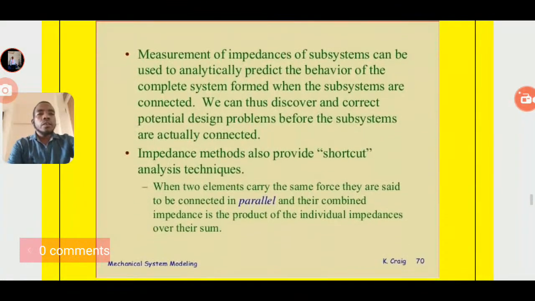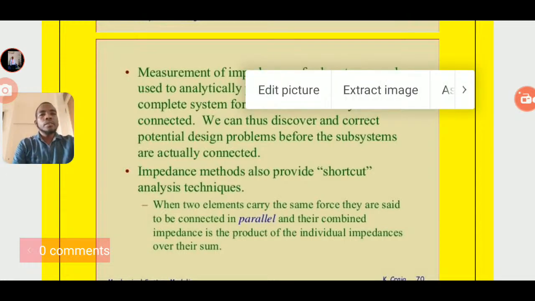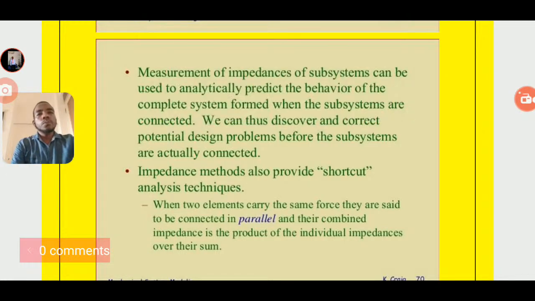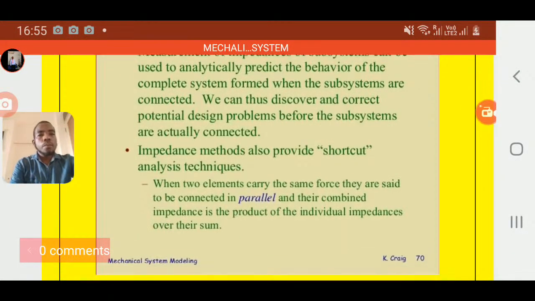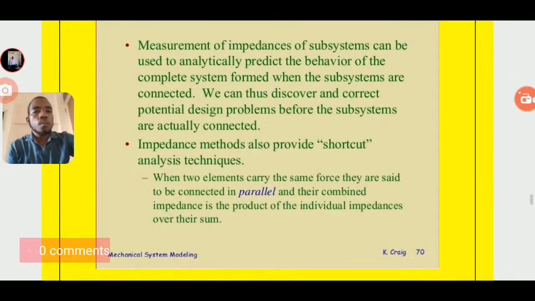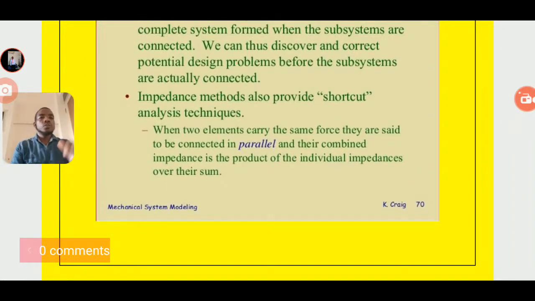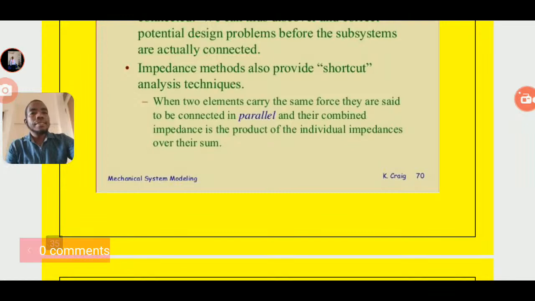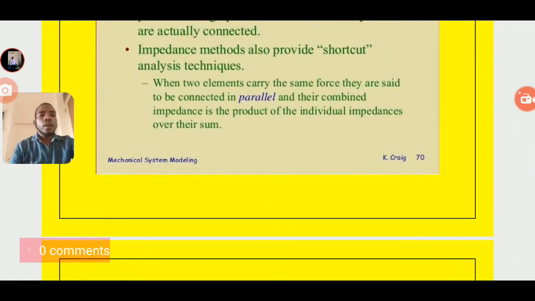So measuring the impedances of the subsystems can be used to analytically predict the behavior of the complete system when the subsystems are connected. We can also discover and correct potential design problems before the subsystems are actually connected. The impedance methods also provide shortcut analysis techniques.